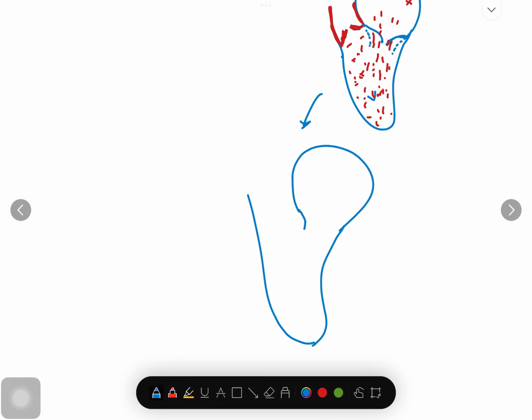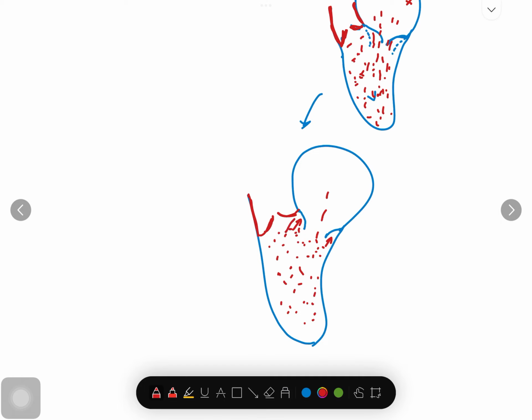So let us first say this is the atrium, this is the ventricle again. Here we had valve which was open, and here we had valve which is closed, and this is aortic valve. So this valve has opened, blood is being filled. When the blood is filled here, all this gets accumulated.